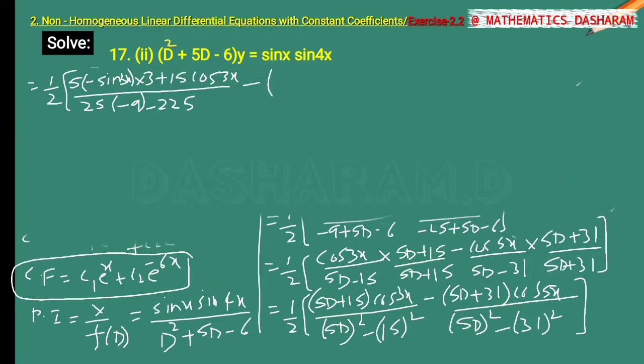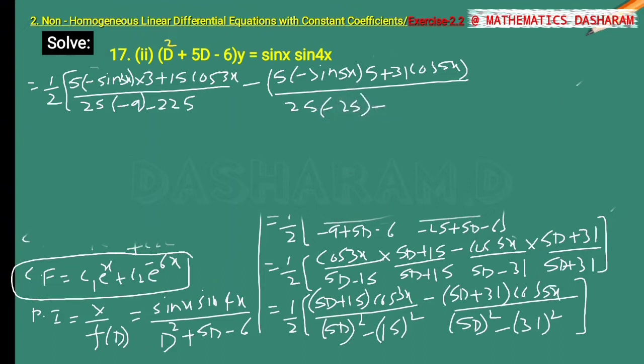So 5 into cos 5x derivative, minus sin 5x into 5, plus 31 into cos 5x divided by 25 into, here D square value minus 25, minus 31 square is 961.